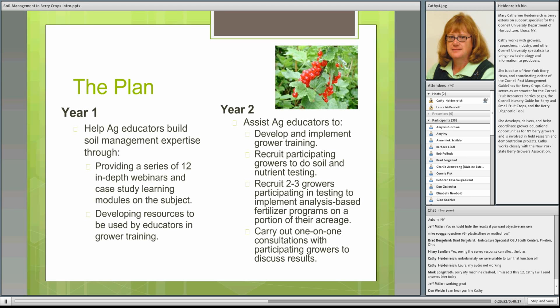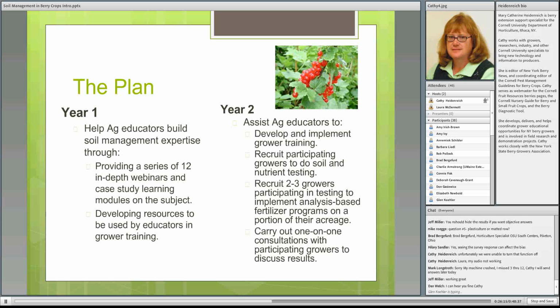So we're hoping that 2 to 3 growers per training event will be participating in testing and then implementing, at least on a portion of their planting, an analysis-based fertilization program. And then we're asking that you might carry out one-on-one consultations with participating growers to discuss results. And we'd like to capture those results and their feedback on it to use to help convince other growers, hopefully, to do the same.